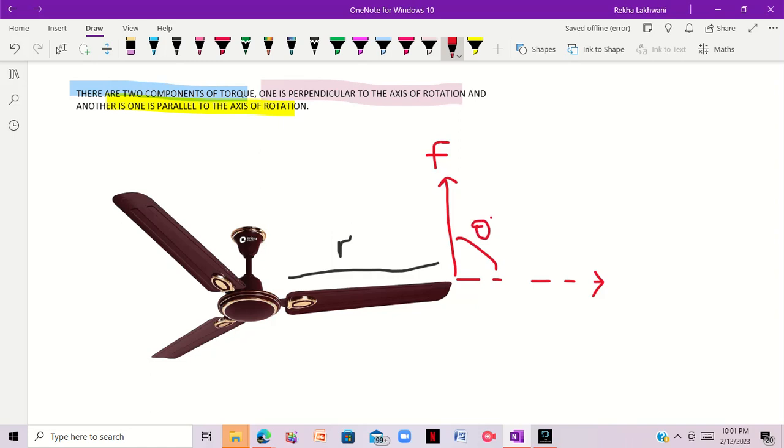If we apply the right hand rule, we curl our fingers from the moment arm to the force, and we'll get the direction of the torque as outward. It will be something like this. So this will be the direction of torque. It means outward, it means the torque will be anti-clockwise, and the torque will be positive.